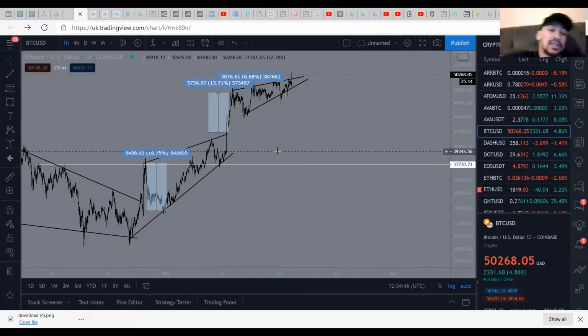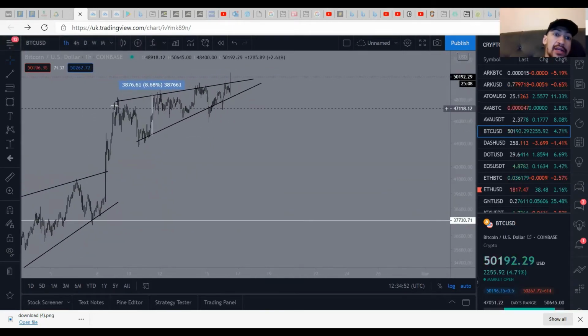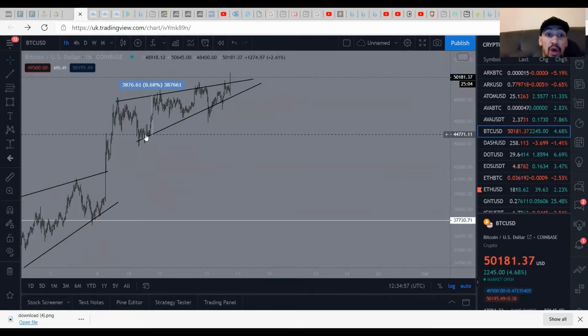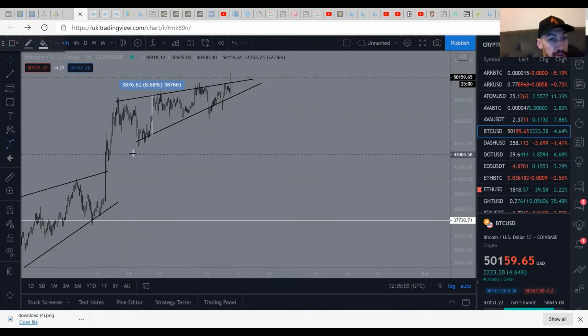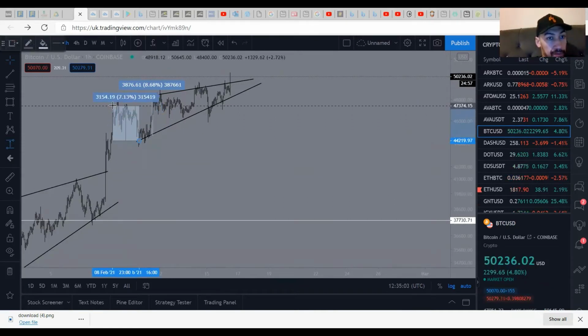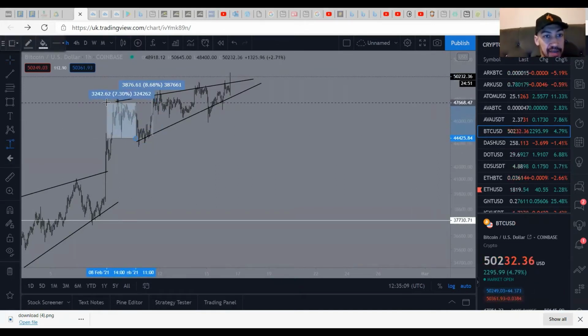If we're in a wedge pattern, for example here, calculate the first high to the first low of the wedge pattern, and the breakout length of this. Sorry, the breakout length should be exactly the same.